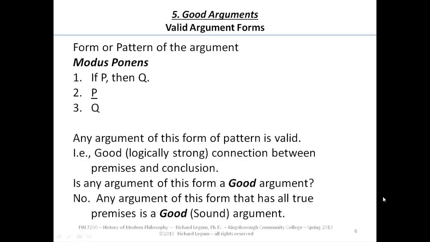The reason is, in an if-then statement, like our if P then Q, the two parts: P is known as the antecedent, like ante, comes before, that is, the if P comes before the then, and then we have Q as the consequent. So what it's telling us is the second premise is affirming the antecedent, and in that case it is a valid form of argument.